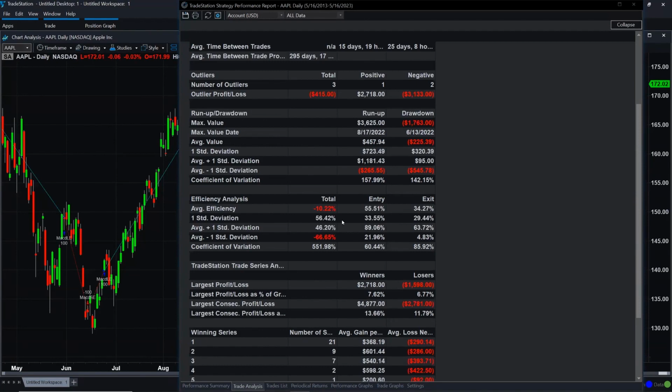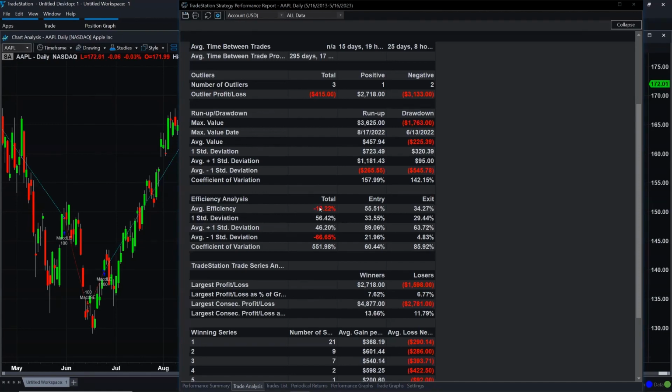Now, let me try to understand what this average efficiency of -10 actually means. Of course, we have the standard deviation. Averages sometimes are not a good indication of what the strategy is doing. When I look at this -10%, it just implies that I'm negatively efficient, which means that it should be losing money, but I'm not.